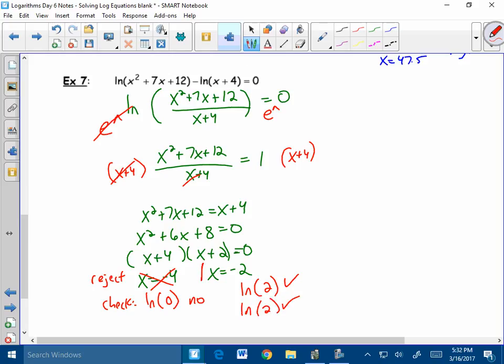So even though this x is a negative, it actually does work because when you plug it in, you don't end up taking the log of a negative number. So there's no hard and fast rule there. You just have to check them and see which ones work and which ones you have to reject. So x equals negative 2 would be our solution there. Again, any of those we did previously, you could check them on the calculator as well. And that is the end of Logarithms Day 6.